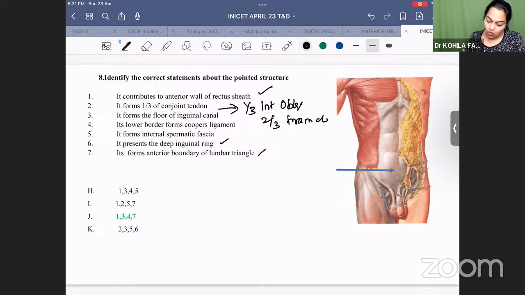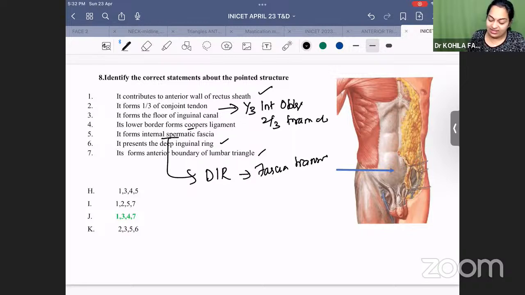Okay. Lower border is going to form the Poupart's ligament. Internal spermatic fascia, where does it come from? From the margins of the deep inguinal ring. And the deep inguinal ring, yes, it's the opening where? In the fascia transversalis. Okay. Yeah, it represents the superficial and not the deep inguinal ring.